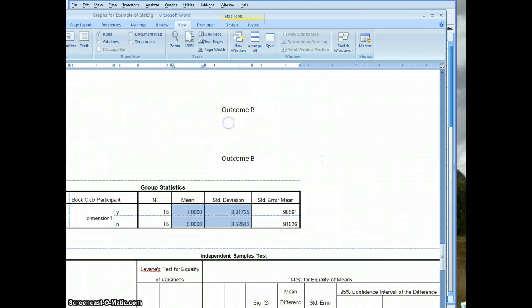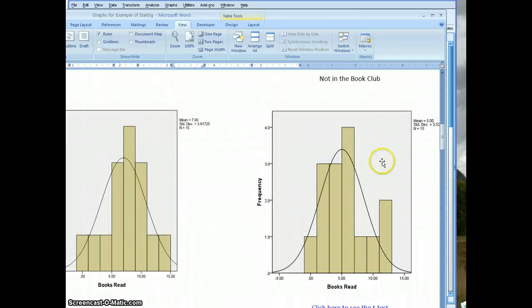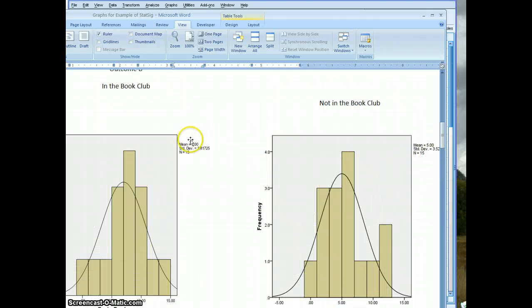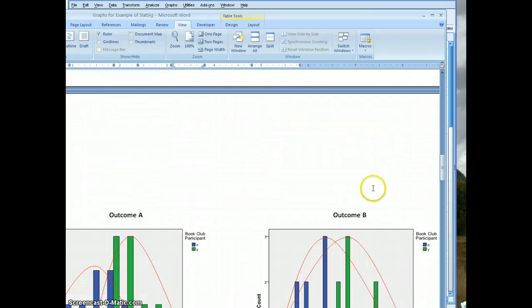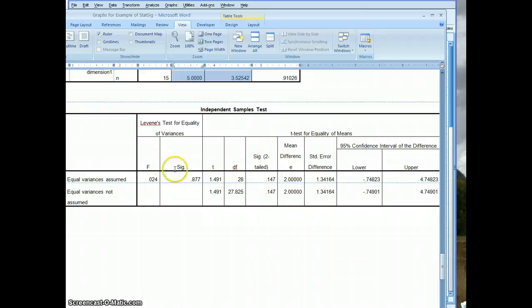These numbers are the same as these numbers right here. This is greater than 0.05, so we're going to stay on the top line. This number, the significance two-tailed test, it just naturally runs that. We could have made it do the other, but it'll still come out the same.